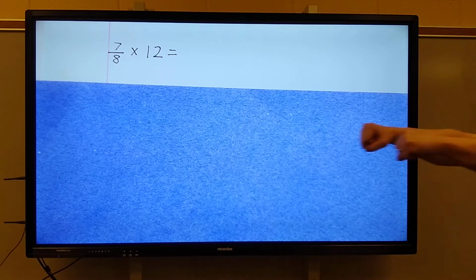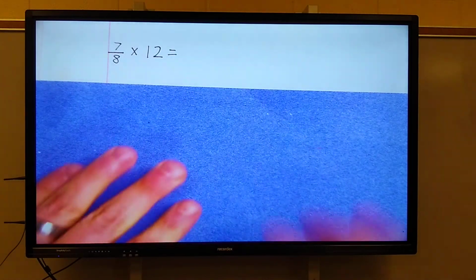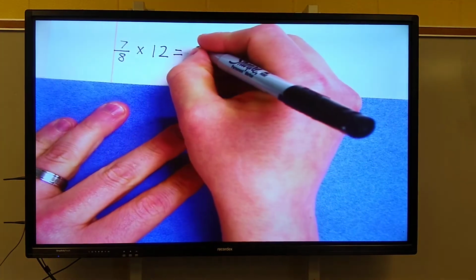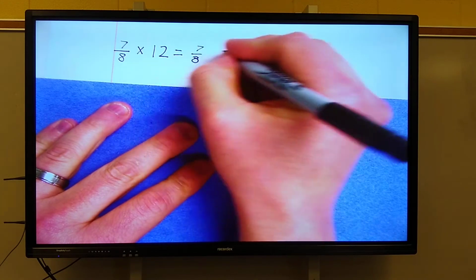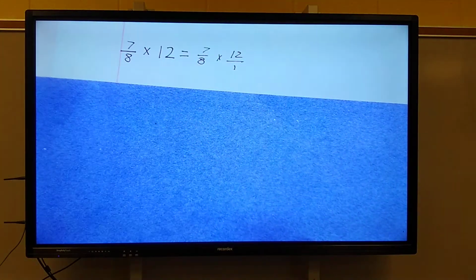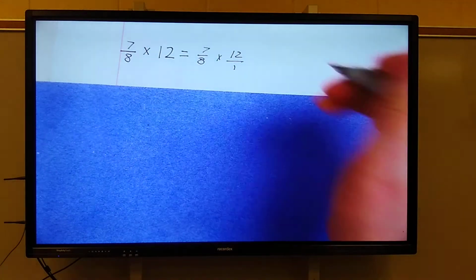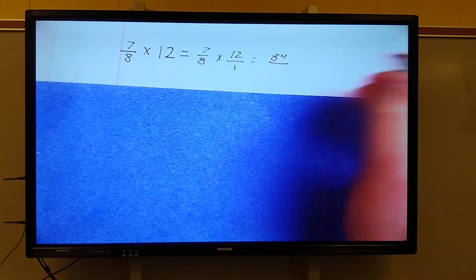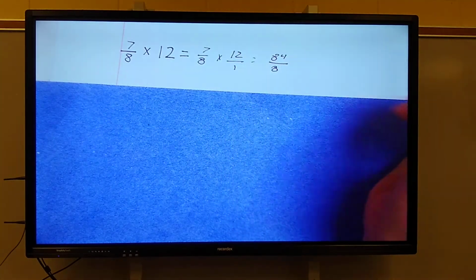All right, let's see how bad you did. 7/8 times 12. All I got to do is put a 1 under the 12 and multiply like normal. 7 times 12 is 84. 8 times 1 is 8.